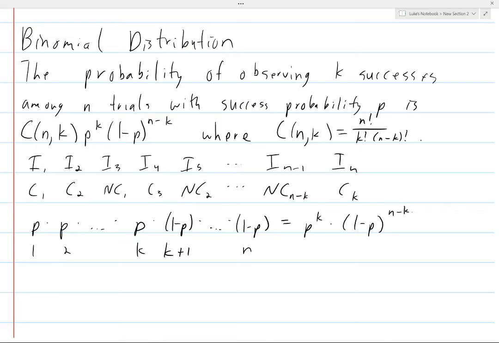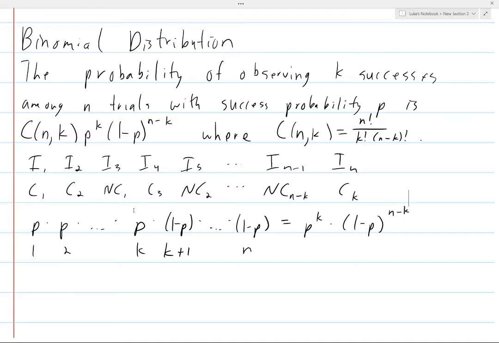And so we need to multiply this probability by every way that we can mix around the successes and the failures. But again, the order doesn't matter. Each of these successes is not distinguished from the others. A success is a success, and its status as a success is not impacted by where it occurs in the sequence.